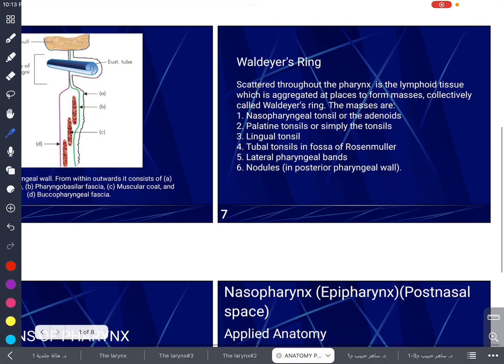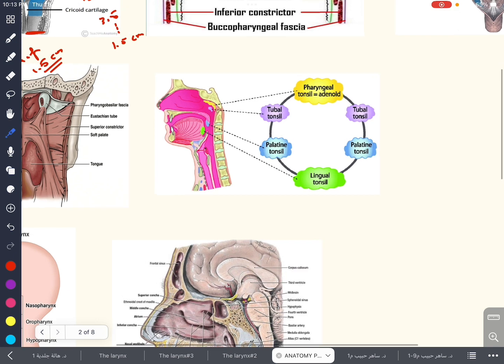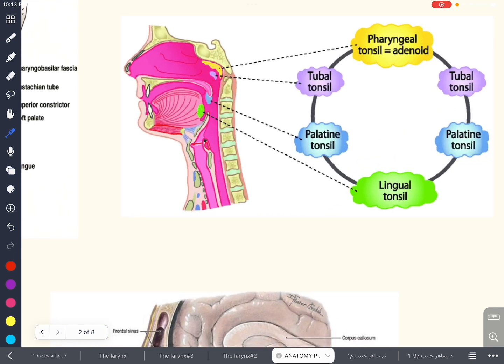After that, we're going to talk about Waldeyer's ring. This is Waldeyer's ring. It is a collection of lymphoid tissue that is scattered through the pharynx, and it collects as masses.